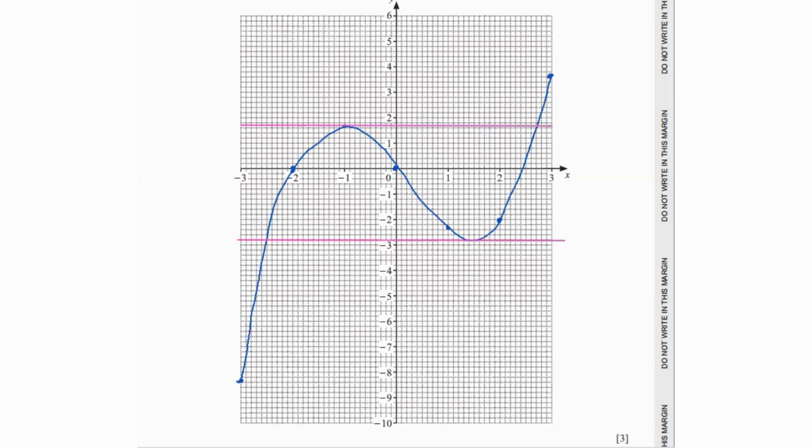These can also be the two solutions. So either of these would be correct. I'm getting 1.7 and negative 2.8. These are the two values for k.